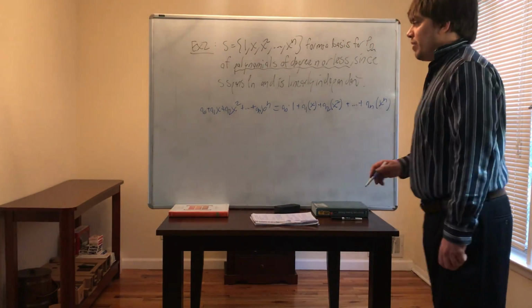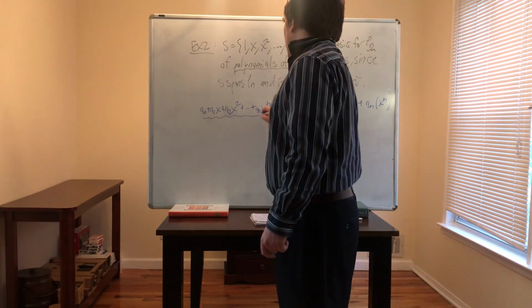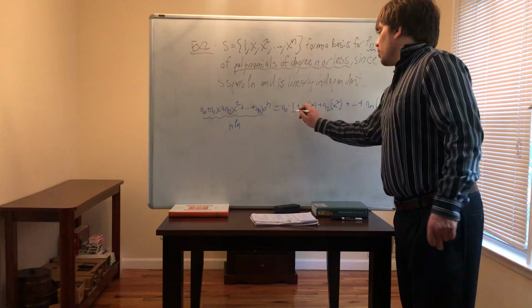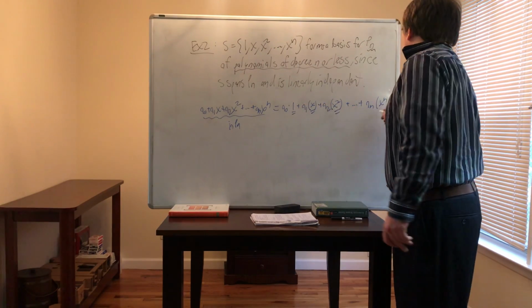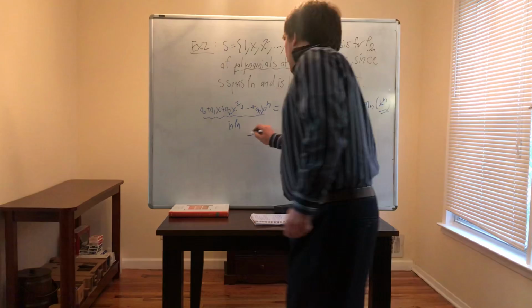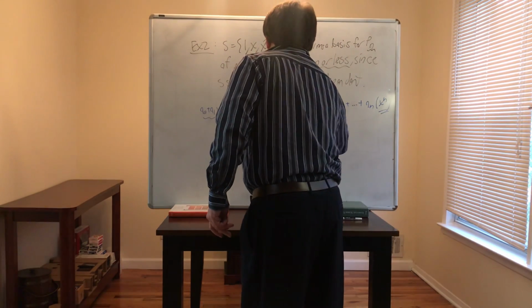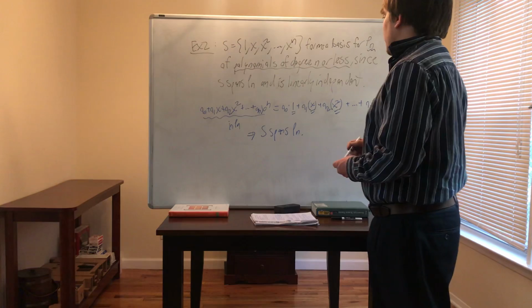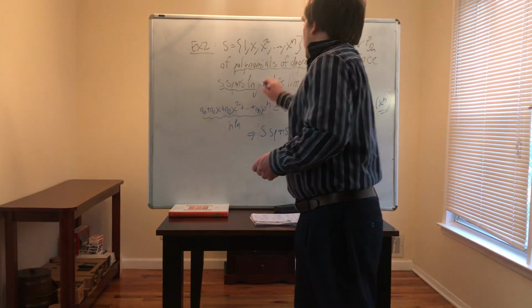And so now I've expressed an arbitrary polynomial in P sub n as a linear combination of the vectors 1, x, x squared up to including x to the n. And so this implies that capital S spans P sub n.